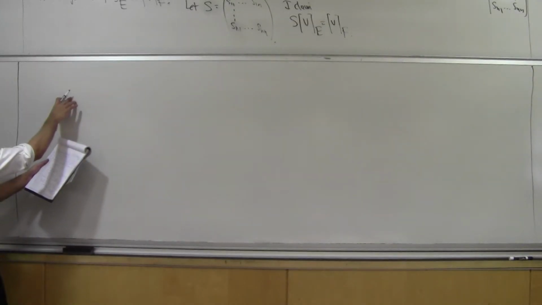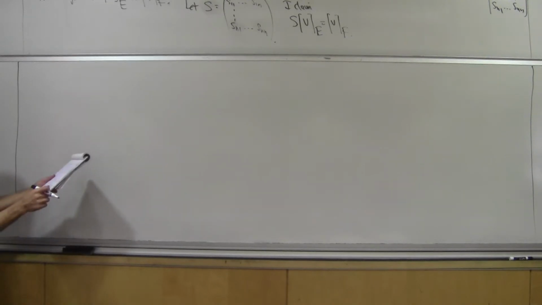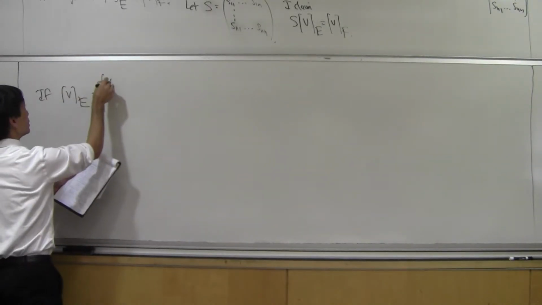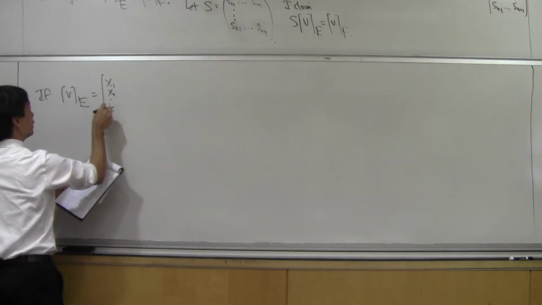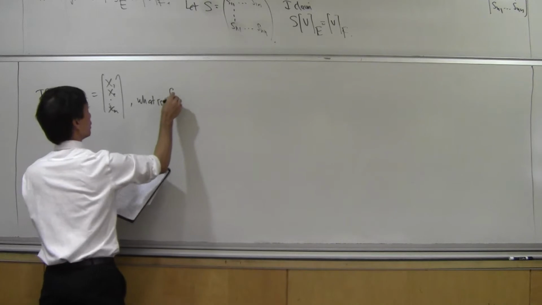Okay, so let's think: if the coordinate vector with respect to E is x1 to xn, what is the coordinate vector with respect to F?